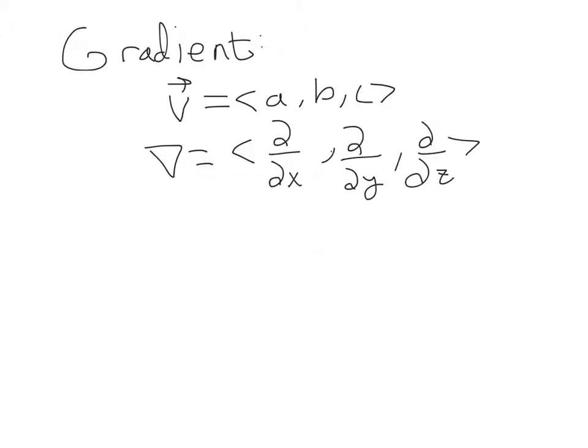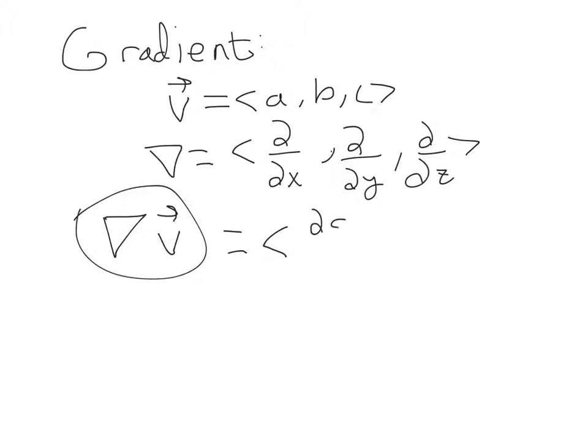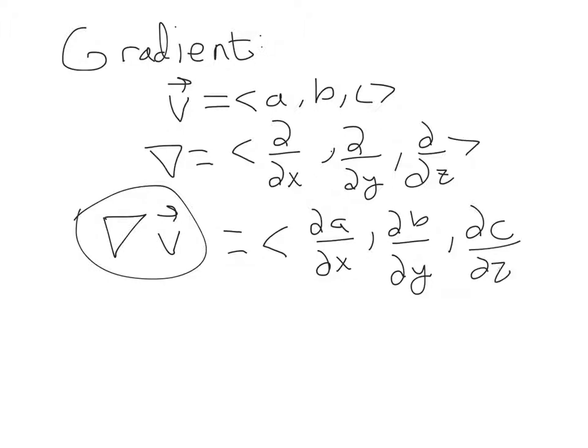For gradient, if we are given the vector A, B, C in terms of x, y, and z, the Nabla operator is applied directly to the vector and is written as such, and this will equal a vector solution of partial A partial x, partial B partial y, and partial C partial z.